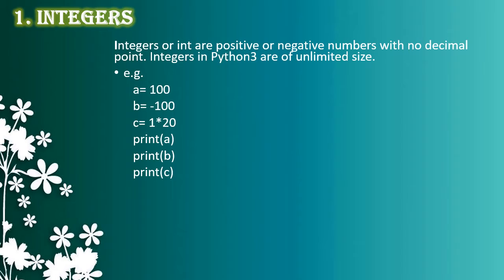So here a is assigned positive 100, b is minus 100, and c equal to 1 star 20. That is multiplication, and we assign that expression's value to the variable c and print the values. So a is 100, b is minus 100 is printed, and c is 20 is printed.